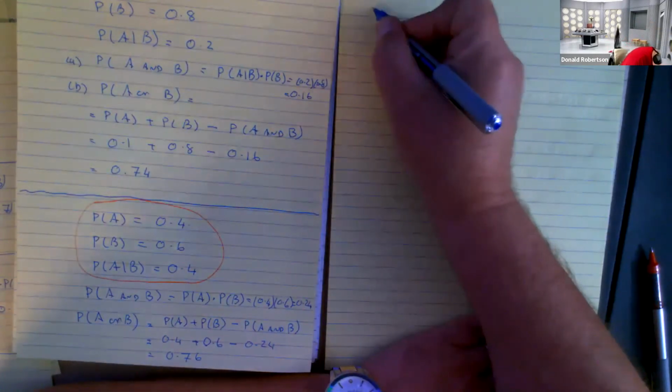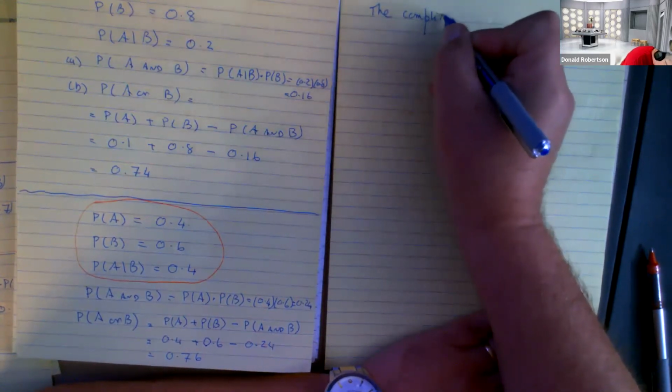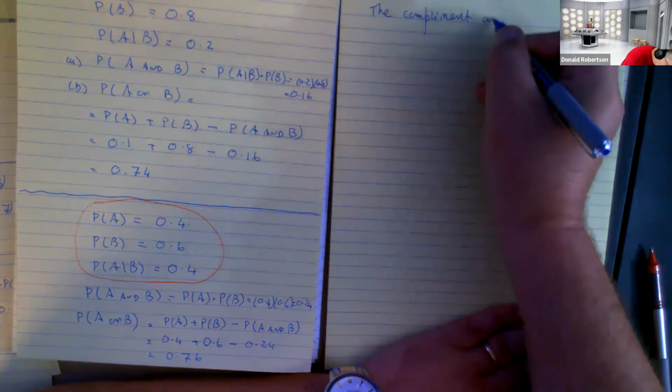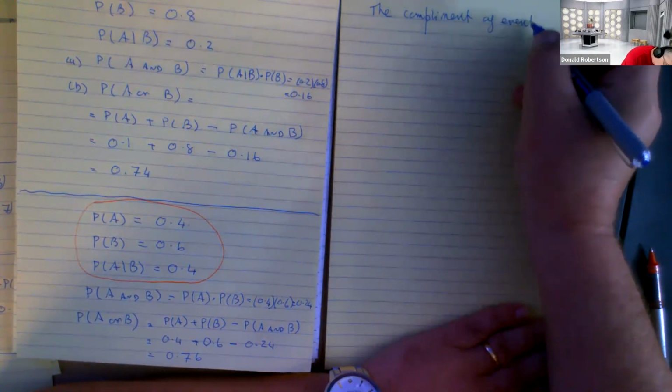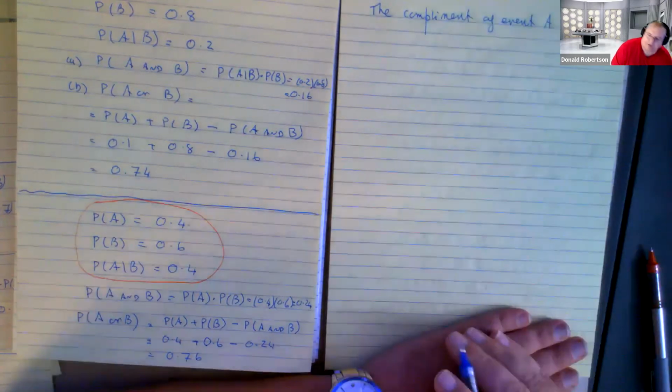Let's get by those. Oh, a new guy in town. This is called the complement of event A. And it'll be written as A with a little c above it.